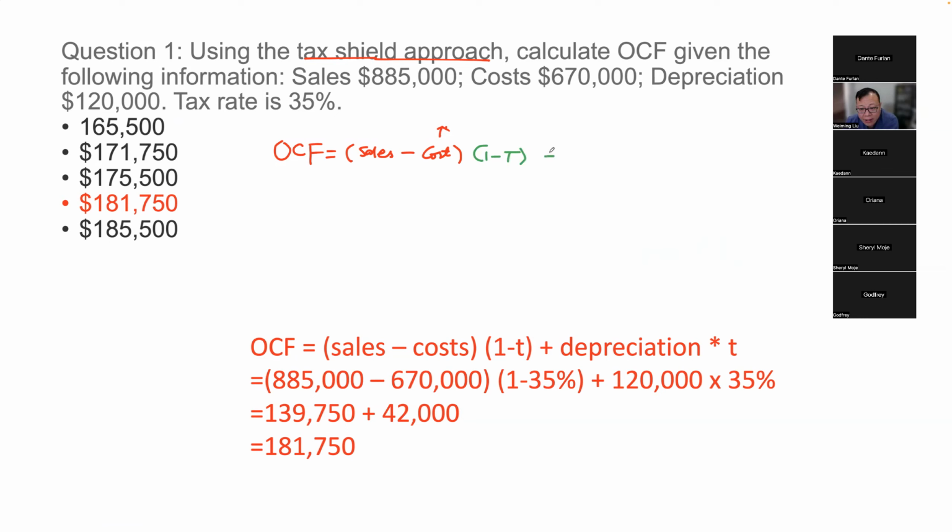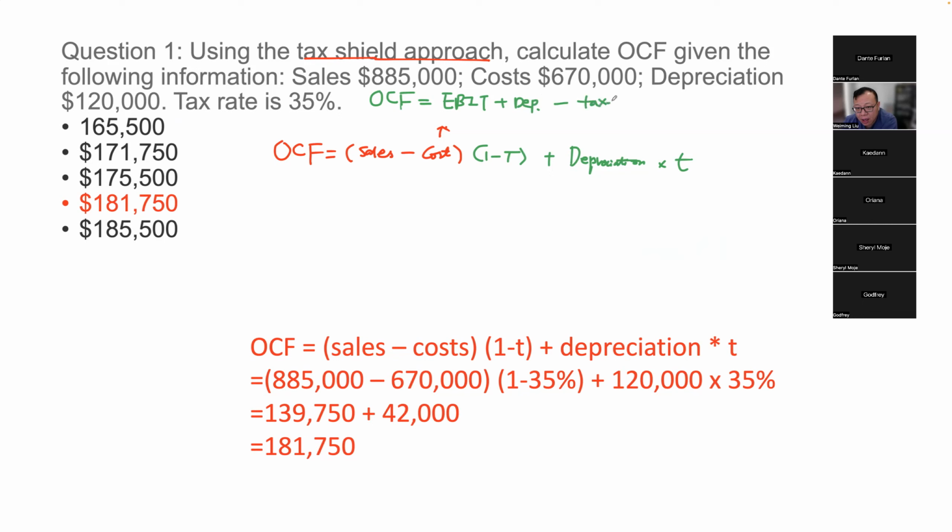And then you're going to add depreciation expense times tax rate. Why is it like this? In my lecture video, I explained that initially the operating cash flow equals EBIT plus depreciation minus taxes, right?